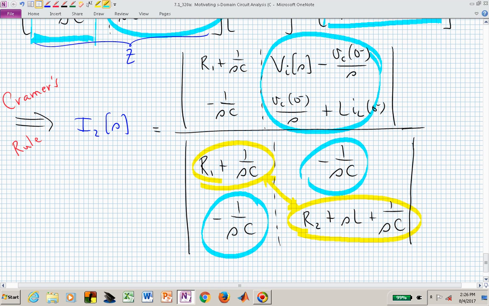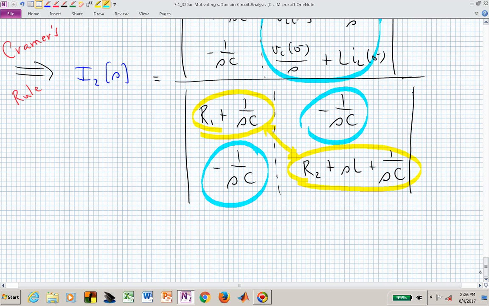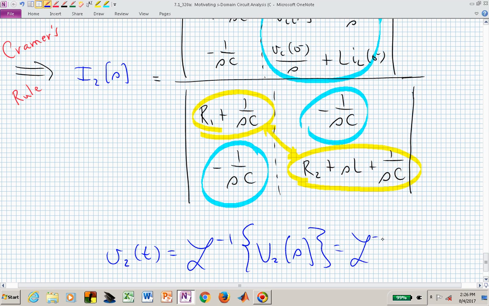We can then inverse Laplace transform that V sub 2 of S to obtain little v sub 2 of t. And that is how I would like to motivate this concept of working in the S domain directly in performing circuit analysis.